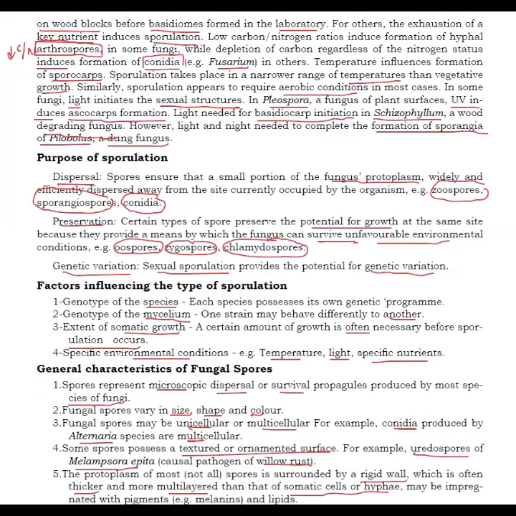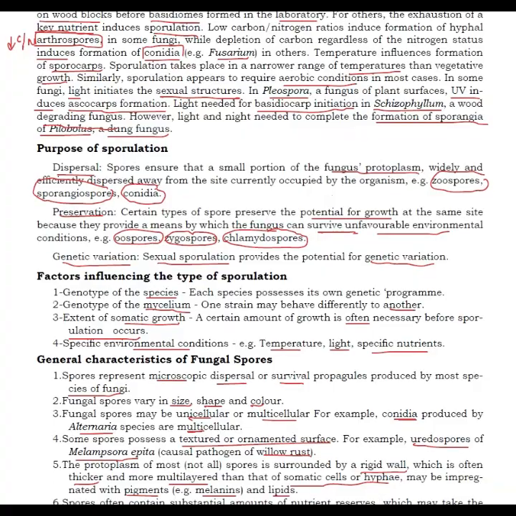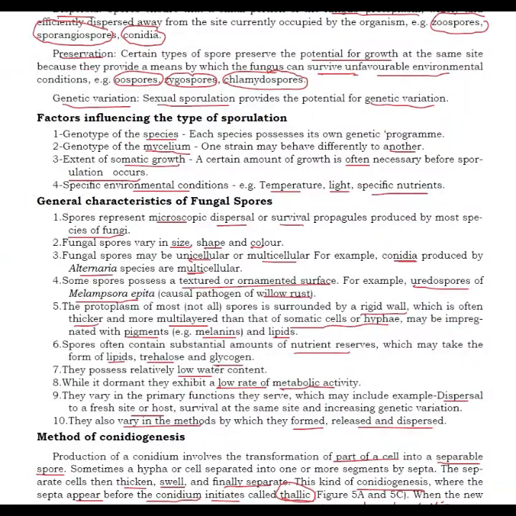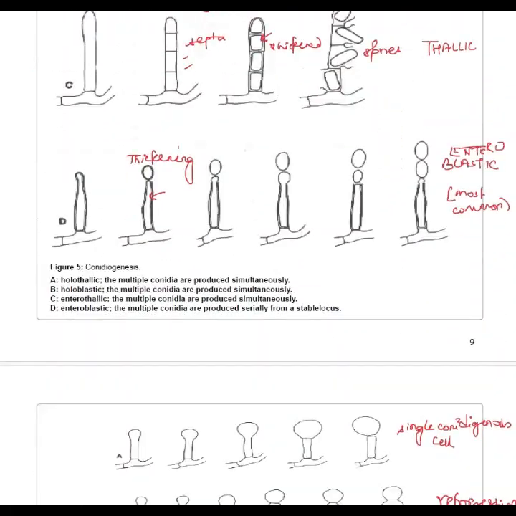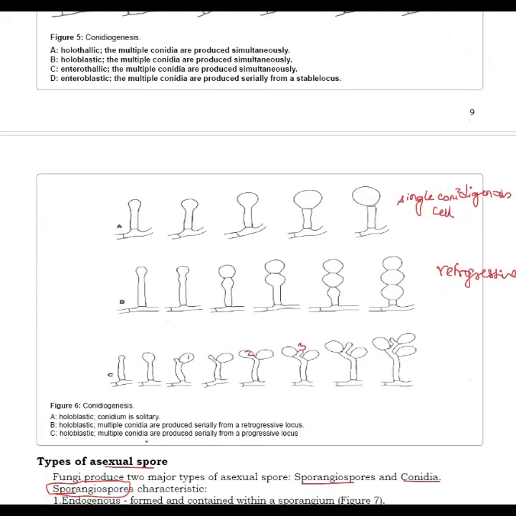And there are factors affecting the type of sporulation: genotype of species, genotype of mycelium, extent of somatic growth, like a certain amount of somatic growth is necessary, and then a specific environmental condition which triggers spore formation. Then general characteristics of fungal spores, method of conidiogenesis: blastic and thallic. In thallic, septum forms first and then thickening occurs, but in blastic, thickening occurs first, then the septum forms.